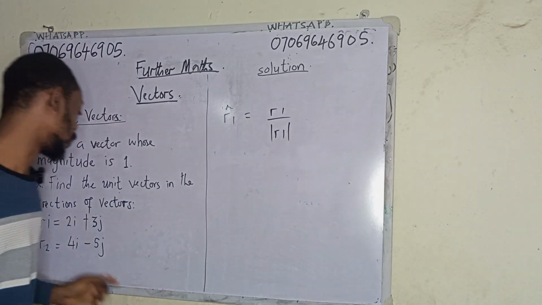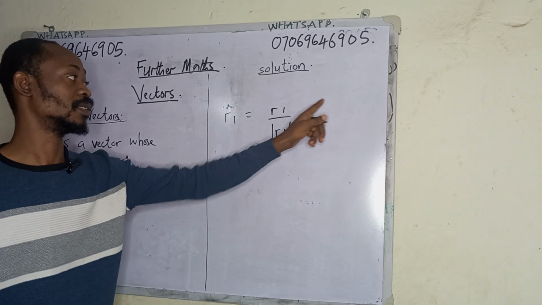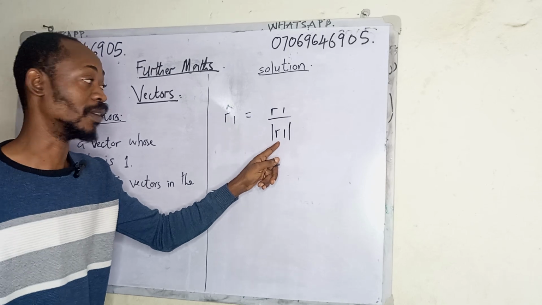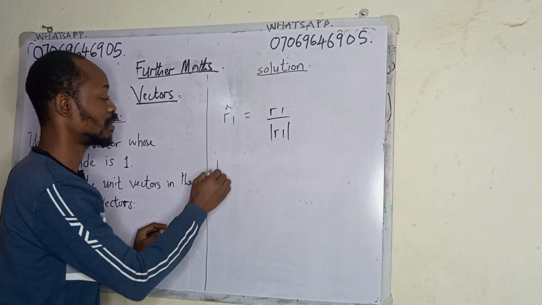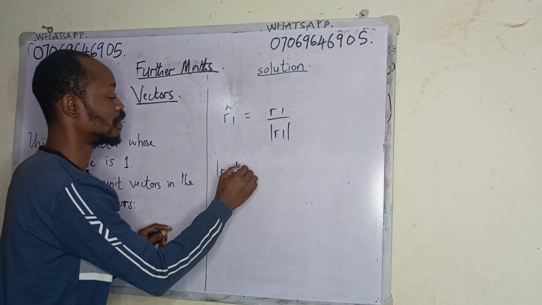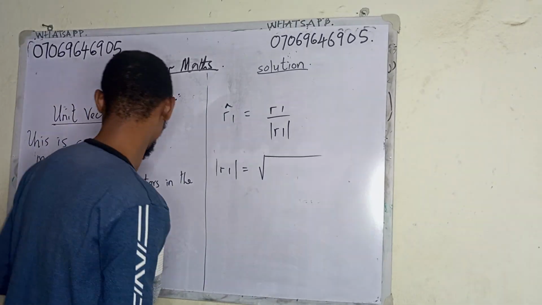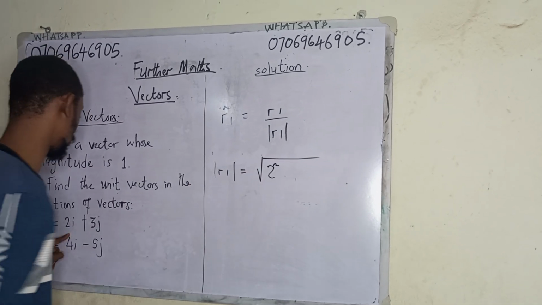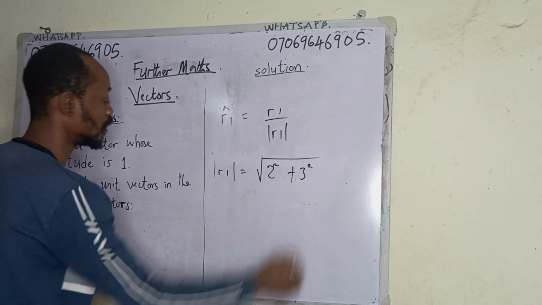So we already know the vector is 2i plus 3j, so up here is going to be 2i plus 3j. But we need to find the modulus, or the magnitude, of r1. And how do you find the magnitude of anything? Using Pythagoras theorem: 2 squared plus 3 squared.